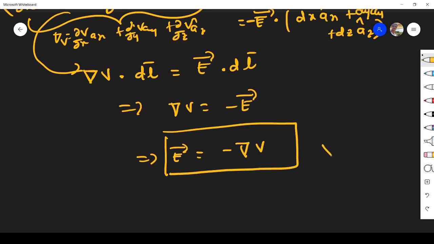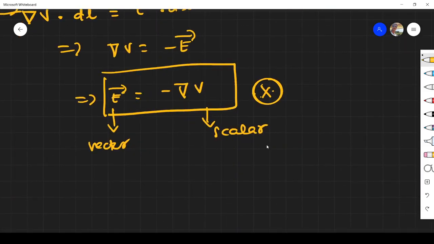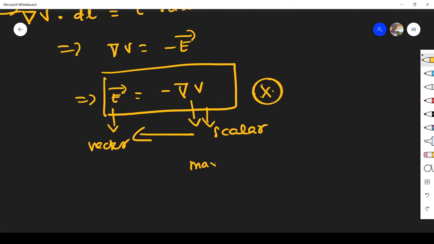This is the most important relation. Why is it the most important relation? We know E is a vector, and V is a scalar. It relates a scalar quantity with a vector quantity. That is the beautiful concept. Gradient is the parameter which relates them. What is gradient? It gives the maximum change.